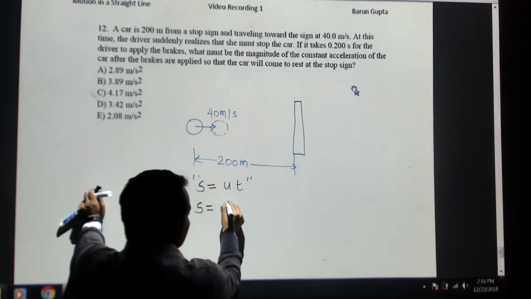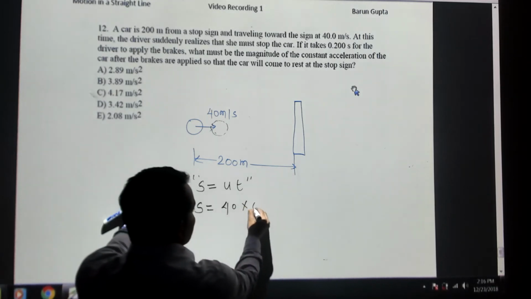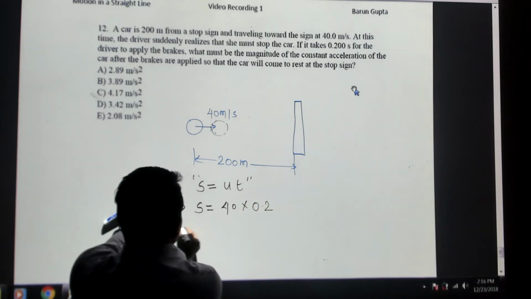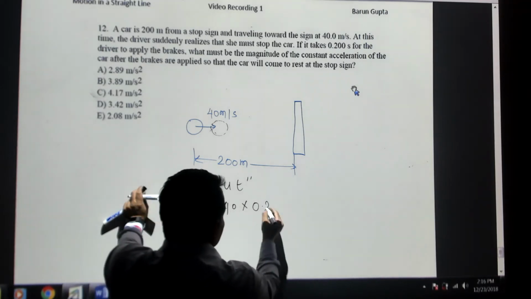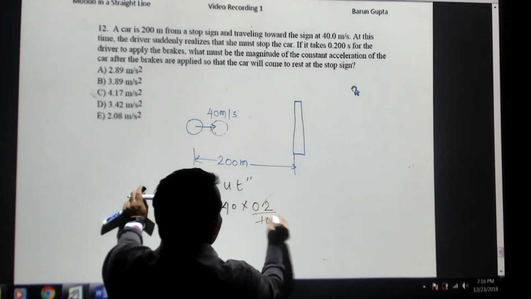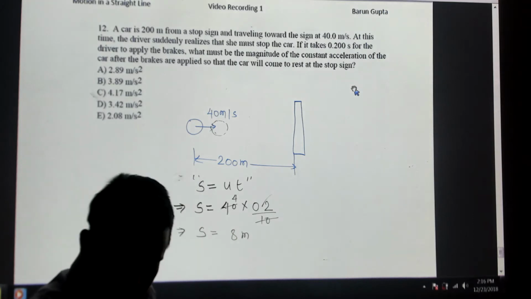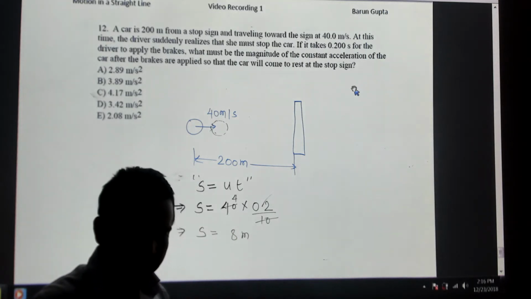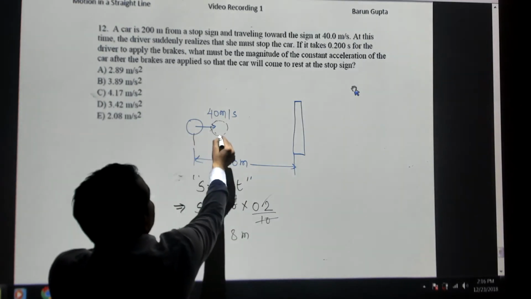This one is moving at 40 meters per second, and the response time is 0.2 seconds. Solving this, it would be 8 meters. So whenever the driver thinks she has to apply the brake, the car has already moved 8 meters.